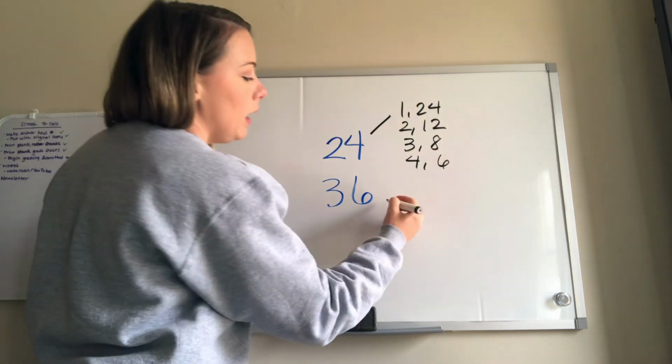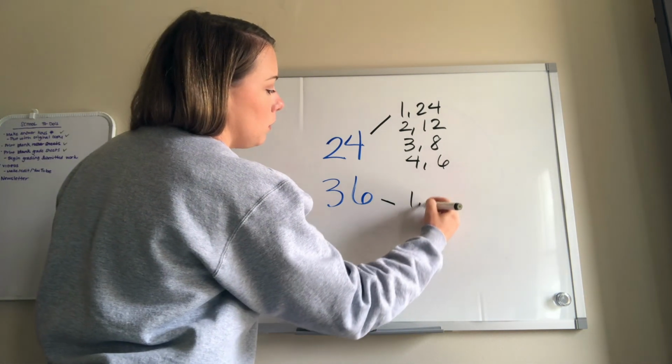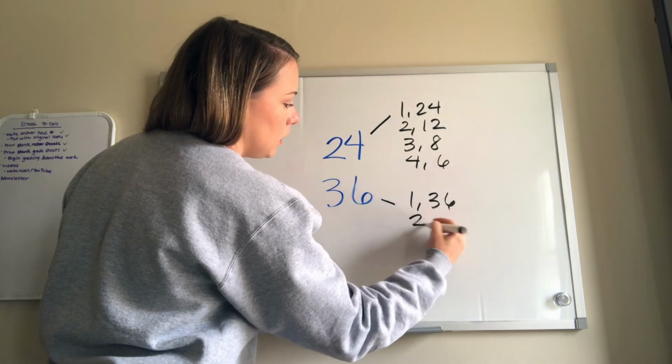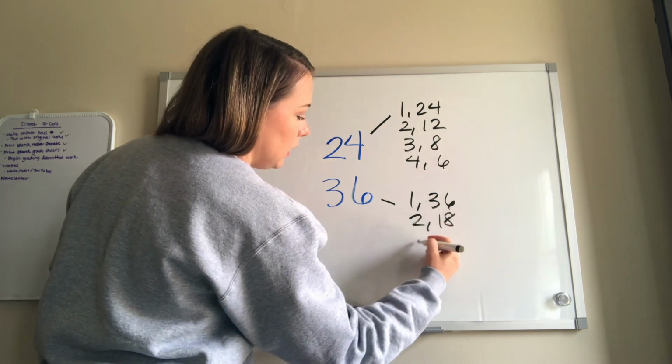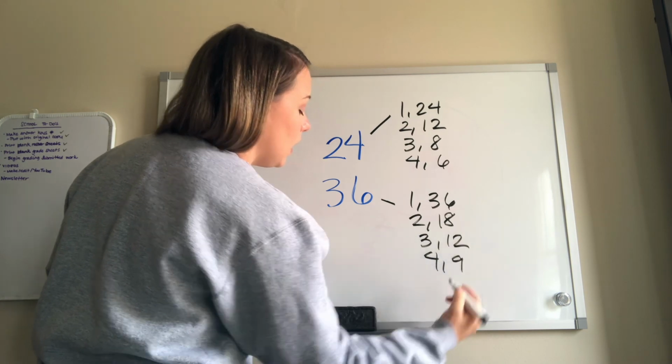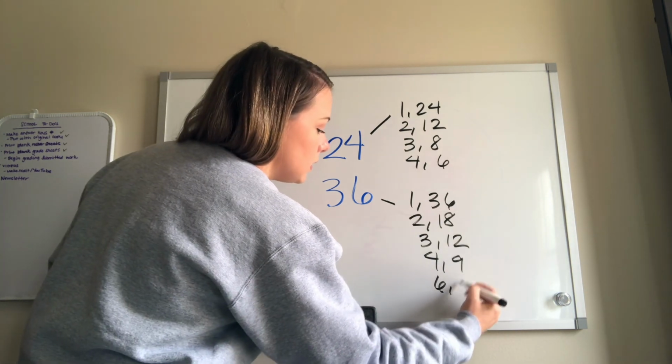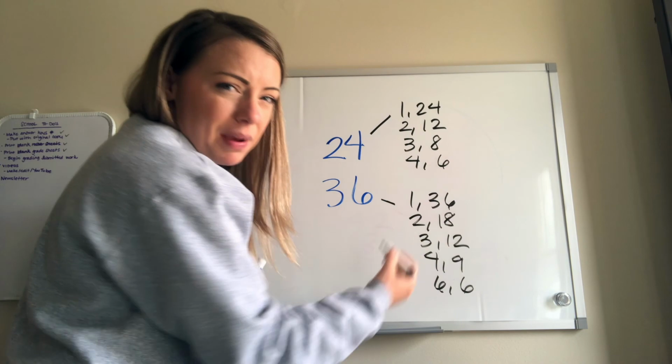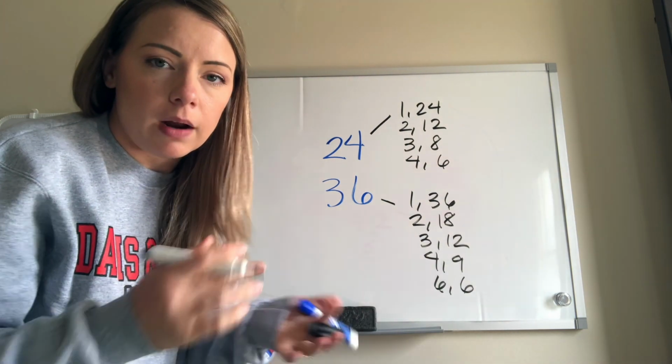For 36, we would have 1 and 36, 2 and 18, 3 and 12, 4 and 9, 6 and 6, and then again we would start going backwards, so we don't have to rewrite all of those extras.